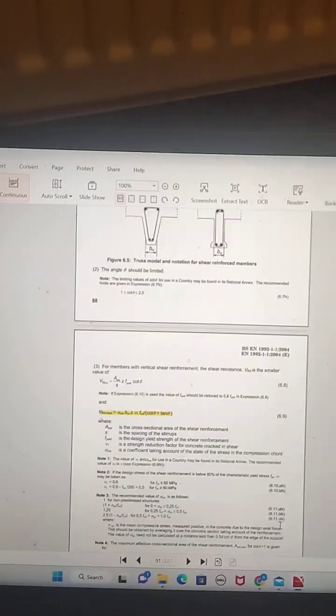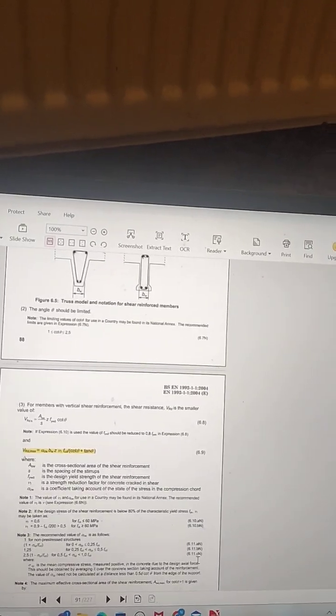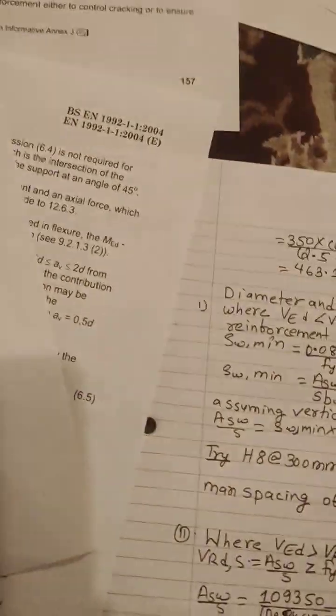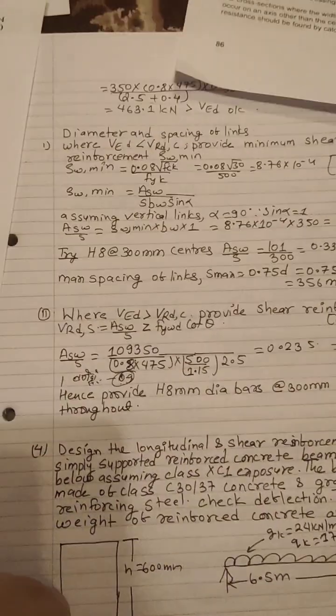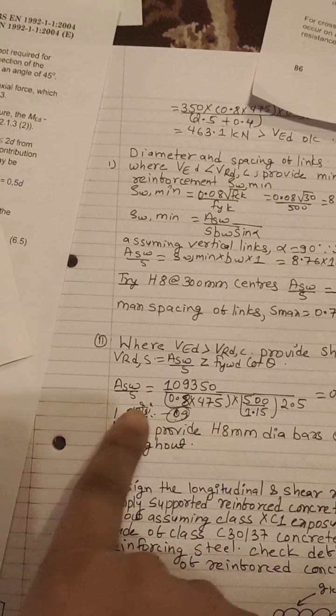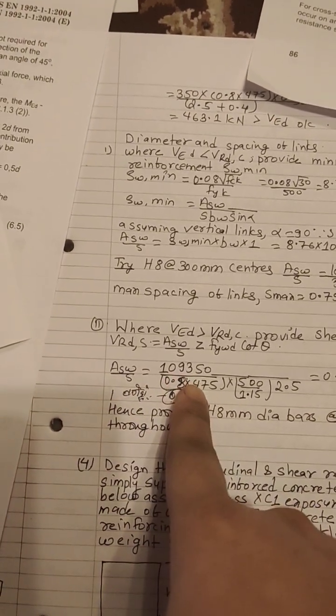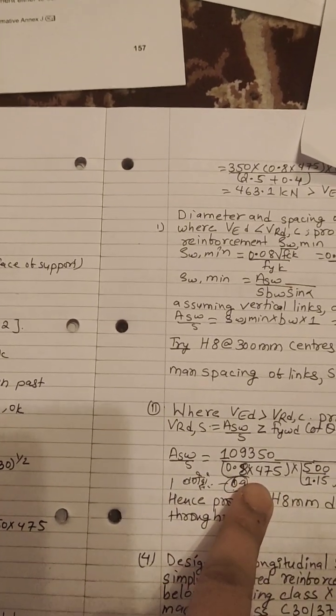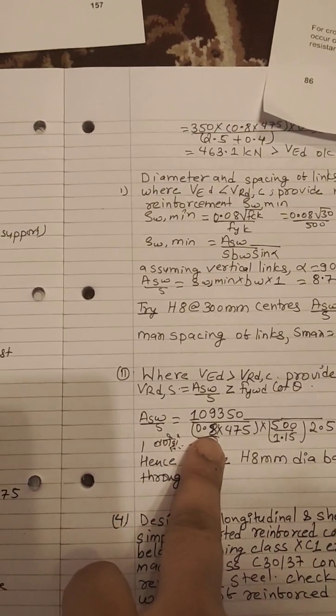We have a minimum vertical reinforcement BRD. Yes, SWZ FYD cot theta. Yes, I have used the same formula here. Cot theta. Yes, area of space 100. This one is BRD. Yes, that means we have the value 1093 kilonewton, unit resist force, into 4.75. From the calculation we get the angle.